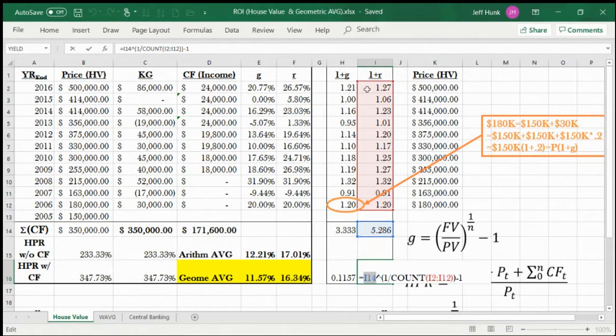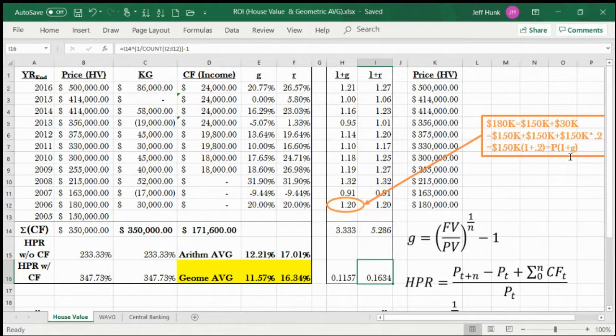Product of all the 1 plus R's, right? Individual 1 plus R's product. And then if we have to find a geometric average, in this case of R, the average R is the product raised to 1 over n, minus 1. Okay? So there it is.